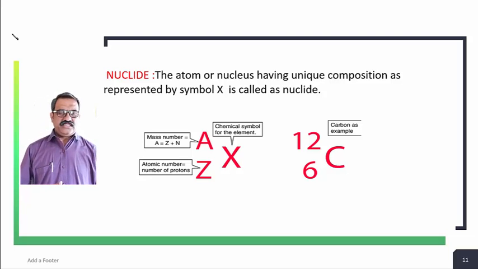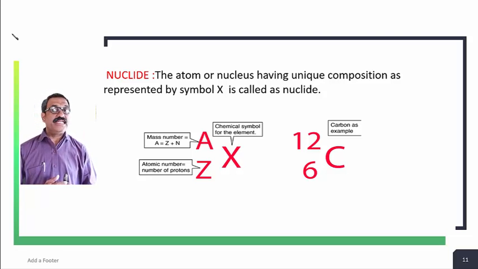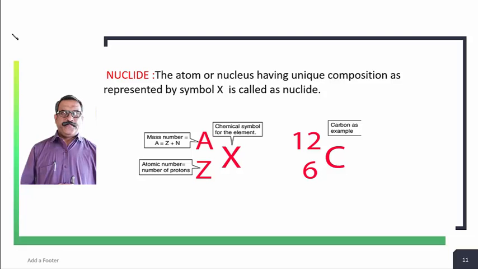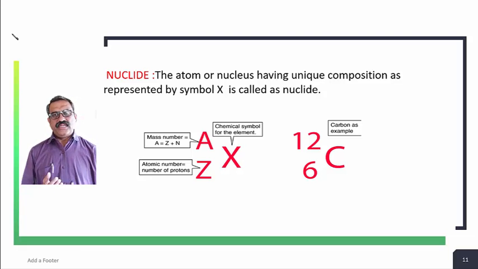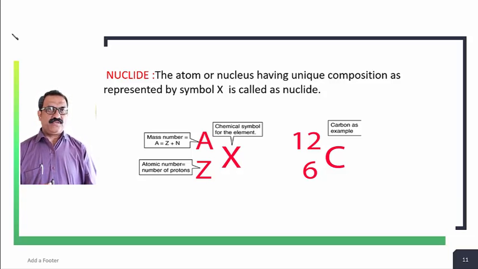we will discuss a new term which is known as nuclide. Nuclide is nothing but the atom or nucleus having a unique composition represented by the symbol X. This atom or nucleus that we denote by the symbol X is known as a nuclide.